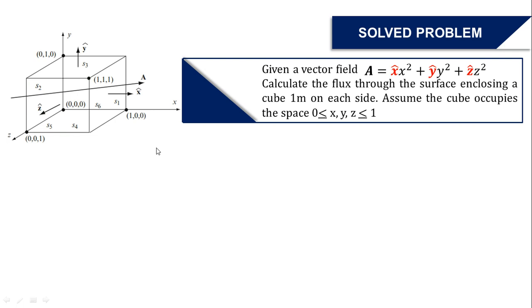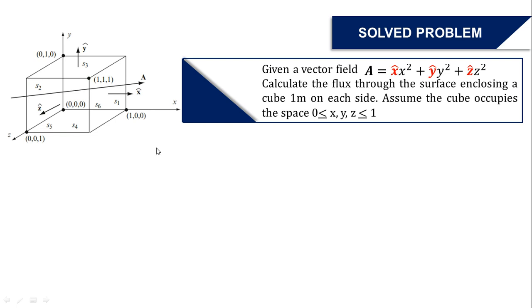So given a vector field, A is equal to x hat, x squared plus y hat, y squared plus z hat, z squared. Calculate the flux through the surface enclosing a cube, 1 meter on each side.